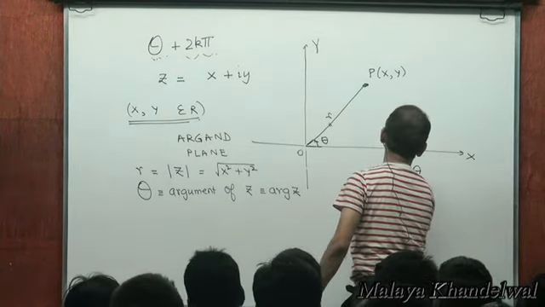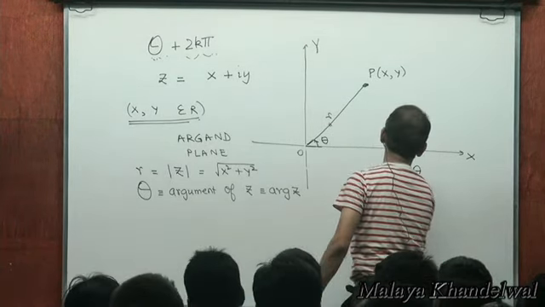R is the modulus of z, which is the distance from the origin, root x squared plus y squared. Theta is the argument of the complex number z, right?